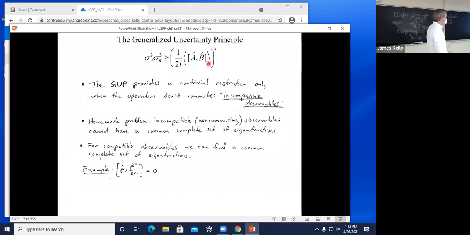Here's a trivial example of compatible operators. The momentum operator, and what we might call the kinetic energy operator, P squared over 2m. Those two operators commute. We already showed that the momentum eigenstates are states like e to the i k x for any k between minus infinity and infinity.